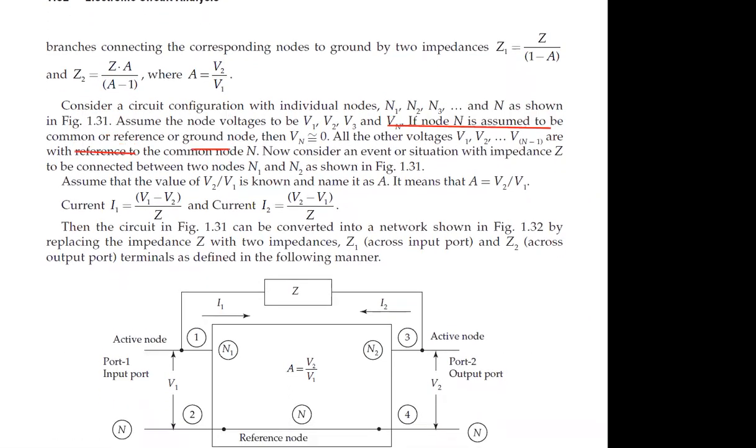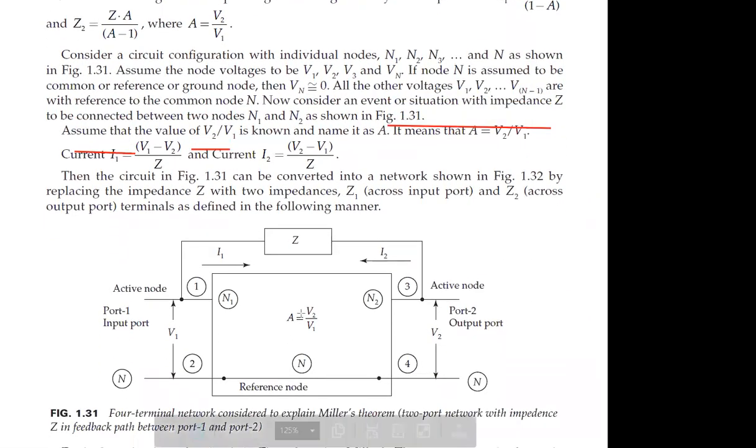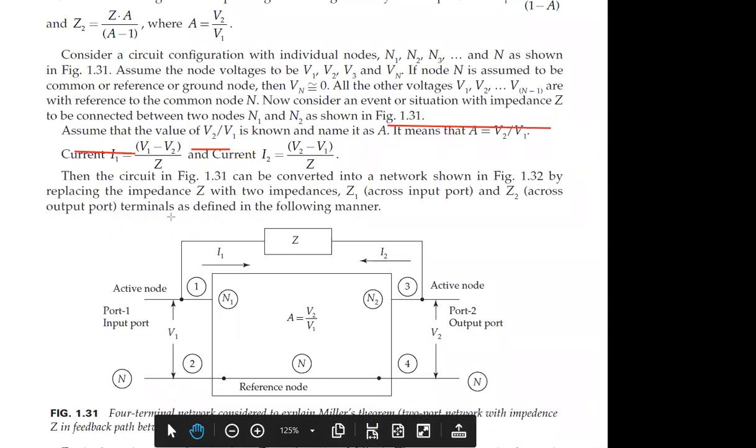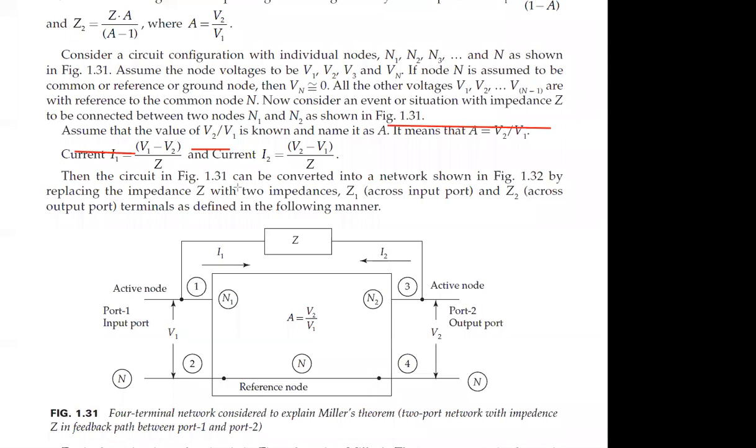This is the general configuration of any two-port network. Any two-port network will be in this fashion. We have an impedance Z connected between two nodes, that is, between the input port, node 1 with voltage V1, and node 2 with voltage V2.